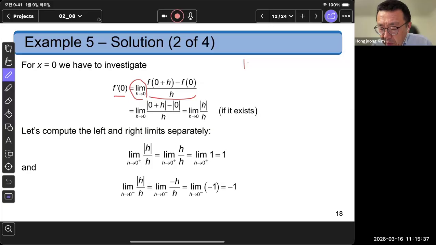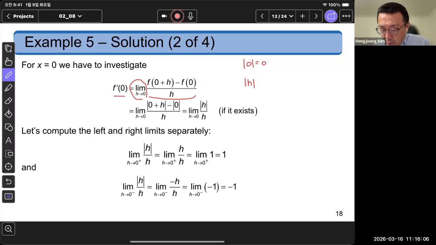Now, the absolute value of 0 is 0, right? The problem is the absolute value of h. When h is positive, as we observed in the previous slide, the absolute value of h will be plus h. But if h is negative, then the absolute value of h will be negation of h.